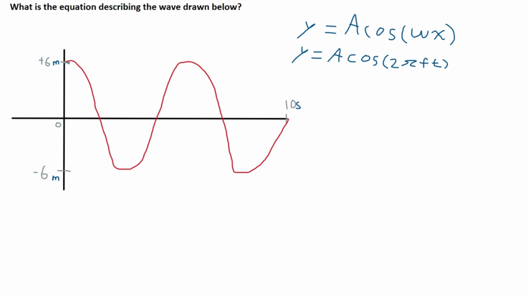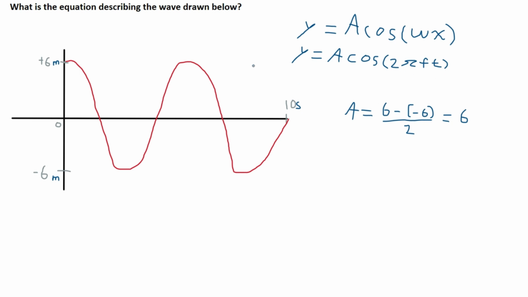Looking at the wave, we see that it spans from positive 6 meters to negative 6 meters. So we can find the amplitude by taking half of the total span of this wave. So we have 6 minus negative 6 divided by 2, which is equal to 12 divided by 2, which means that the amplitude is equal to 6.